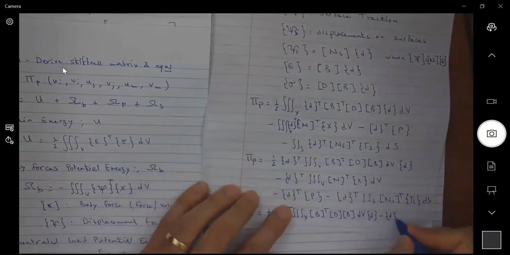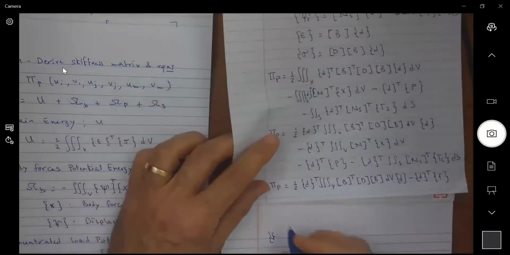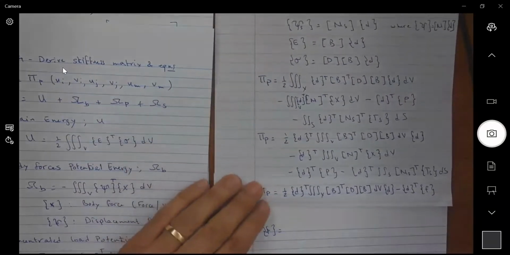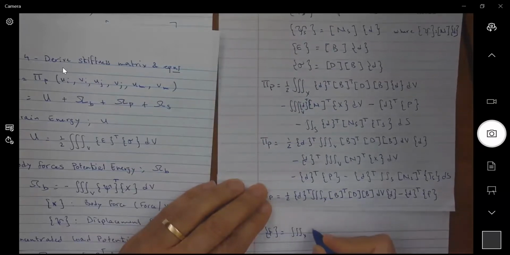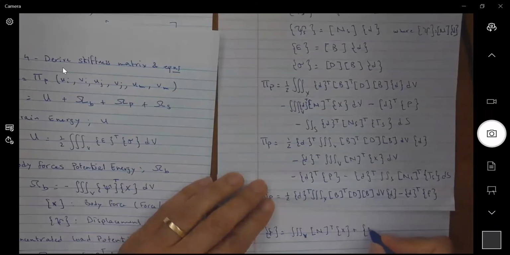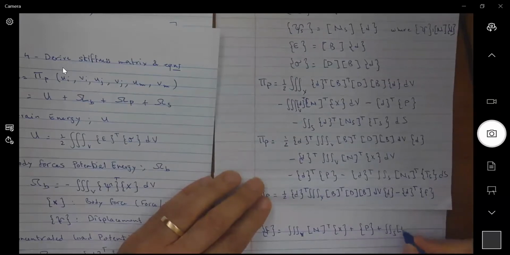I'm going to take this as a common factor and I'm going to multiply it with an f, where this f is equal to the triple integral over the volume of N transpose times x plus P plus the double integral over the surface of NS transpose times TS.